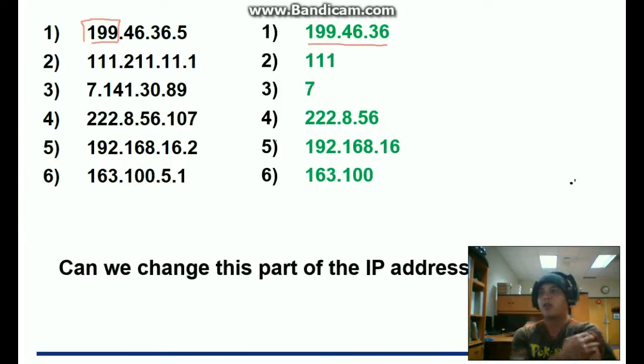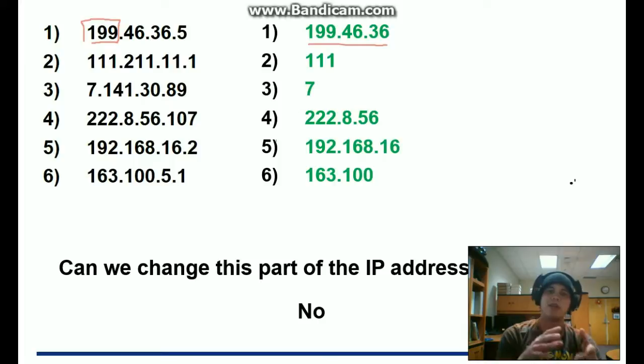Can we change this part of the address to subnet? What do you guys think? No, you cannot change this because, based on it being the classful network, you cannot go beyond those networking bits.